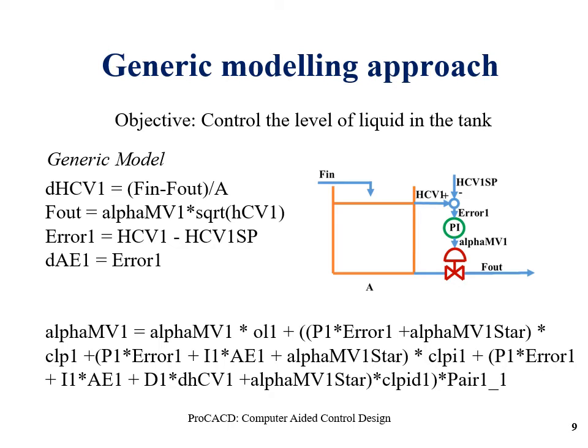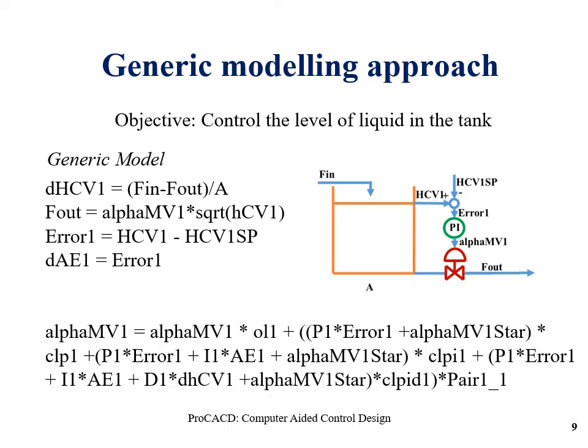Or else, if you want to run a closed loop simulation with a proportional controller, you can make OL1 zero, and then use the second part of the equation, where you have P1 into error 1 into alpha MV1 star into CLP1.